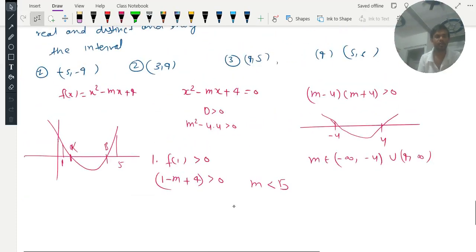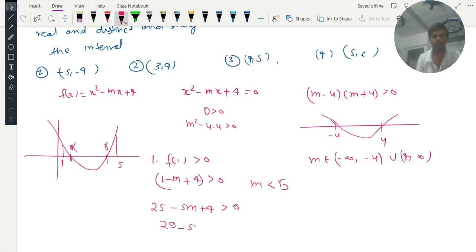Similarly, applying it at 5, this becomes 25 minus 5m plus 4 is greater than 0. This becomes 29 minus 5m greater than 0.